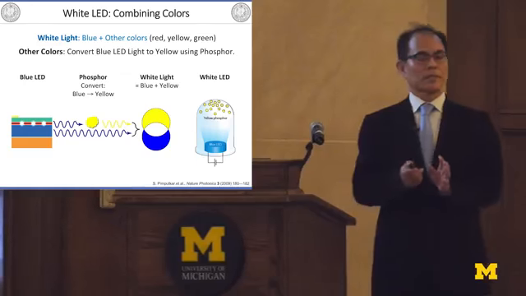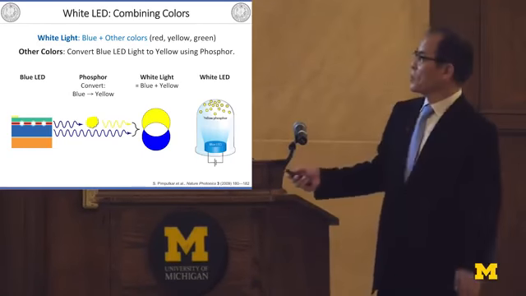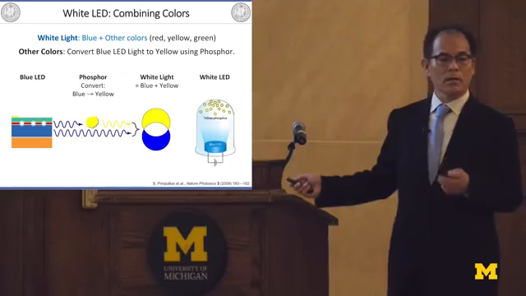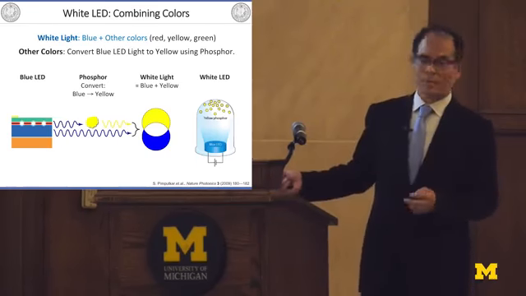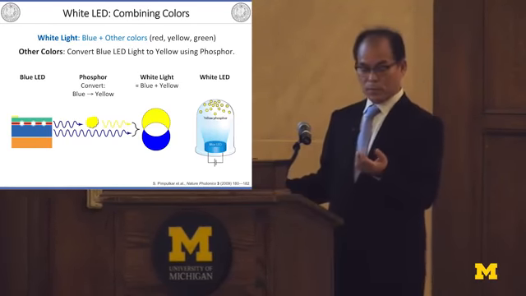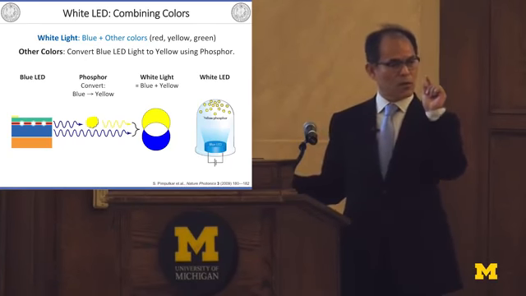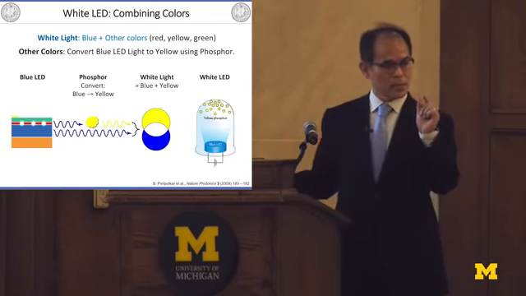But now this is the biggest problem, because blue comes directly from the blue LED chip. This causes all kinds of problems, health problems, because the blue LED emission has a very narrow spectrum.